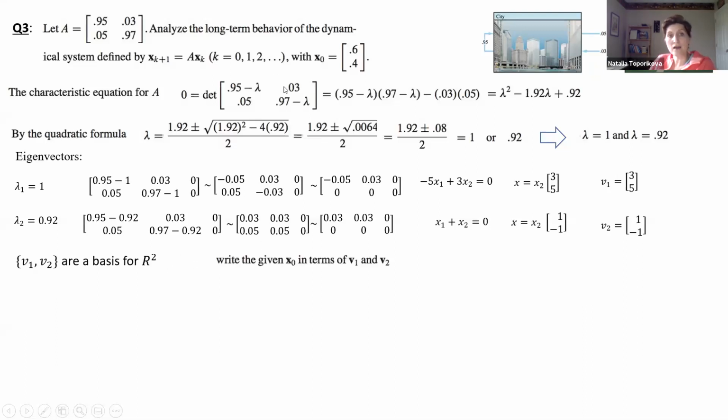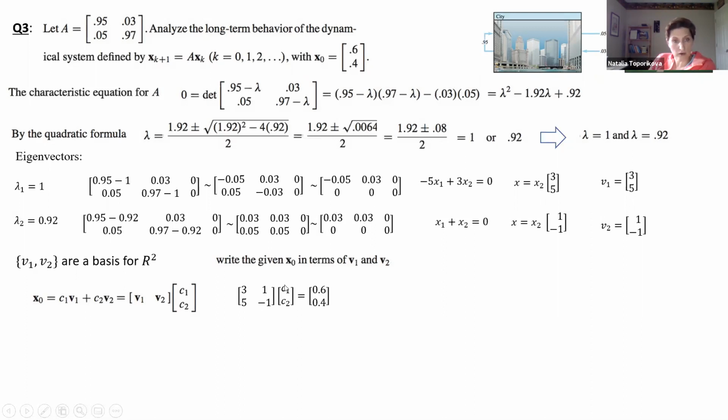Now we have two eigenvalues and two eigenvectors, and our eigenvectors form a basis in R2. So we can take our initial vector x0 and write it in terms of v1 and v2, in the basis of v1 and v2. This is just a linear combination of our vectors v1 and v2. We can make a matrix formed by the two vectors v1 and v2, multiplied by the vector of weights c1 and c2, and it should equal x0.